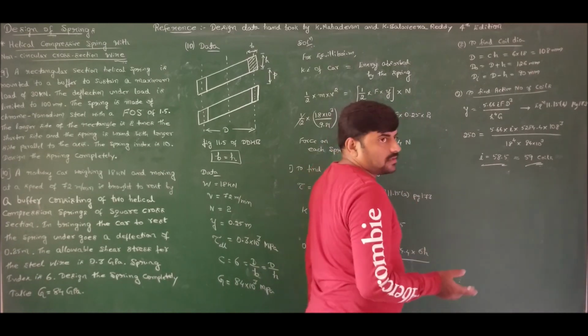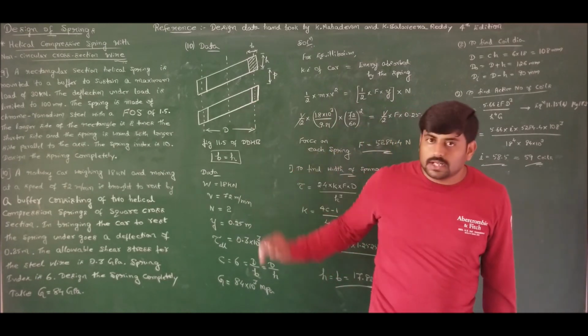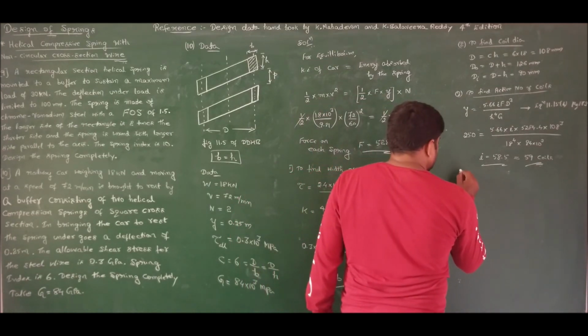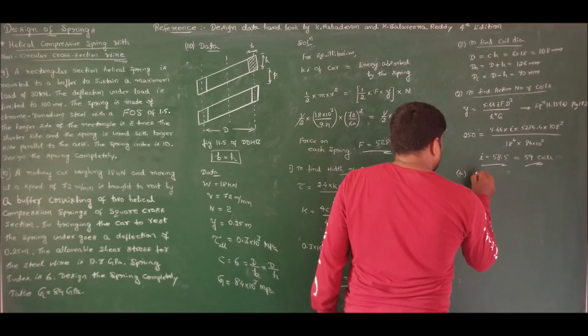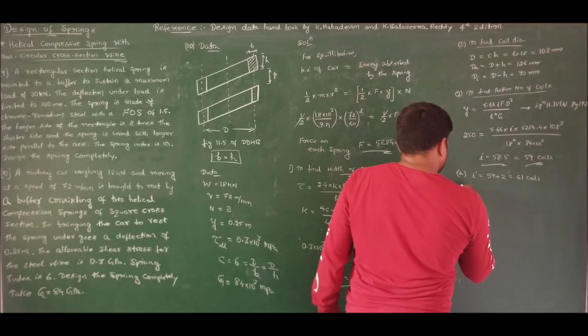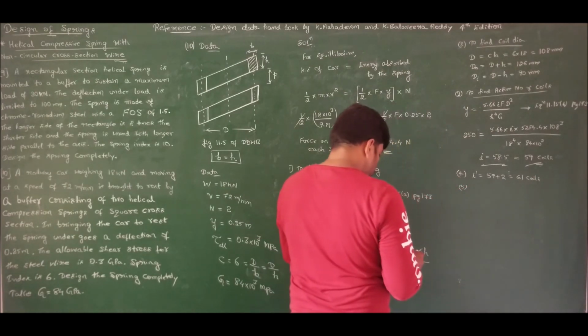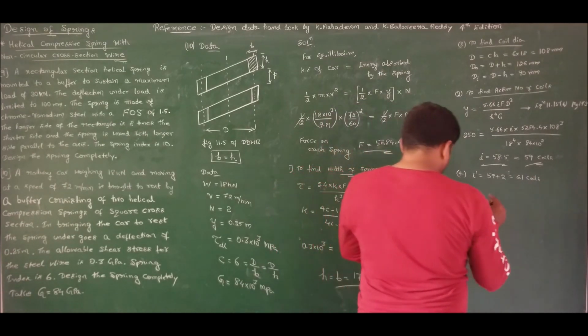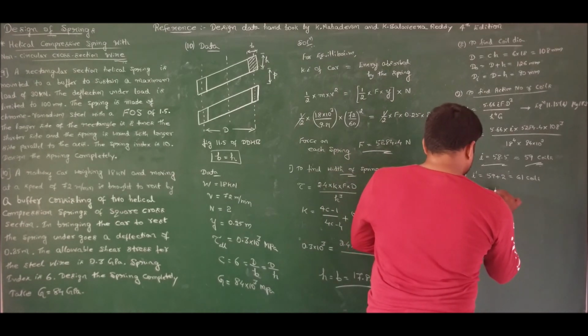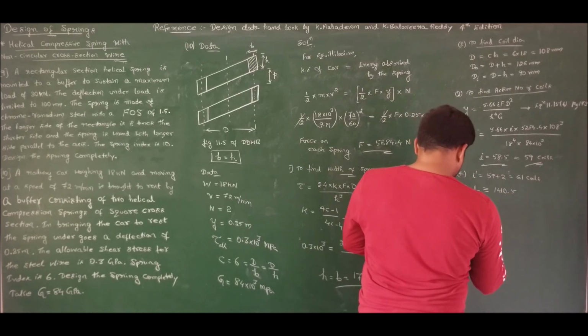Follow the same procedure which we have employed for problem number 9. So if you solve, you get the answers as, assuming square and ground end condition, I will get I dash 61 coils, and for step 5, that is, if I find the overall length L0, you will get the answer as 1410.5. Next, moving for step 6, that is solid length.